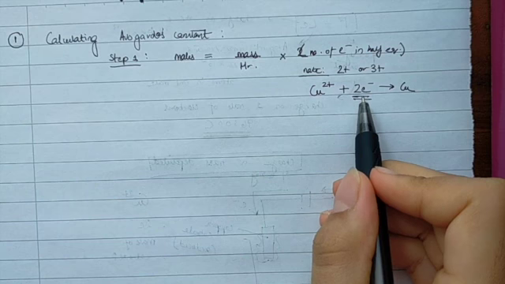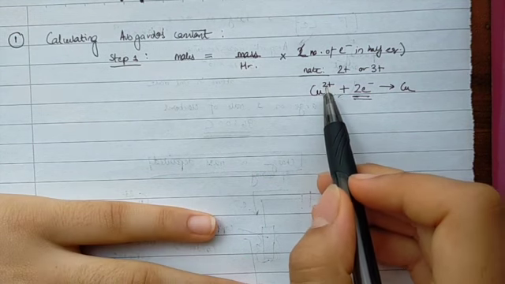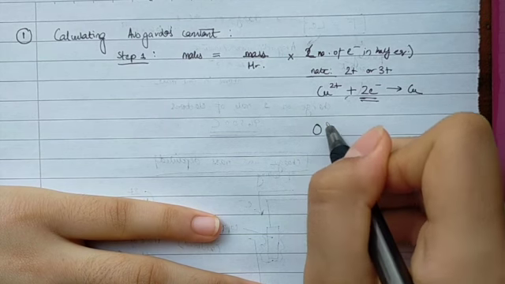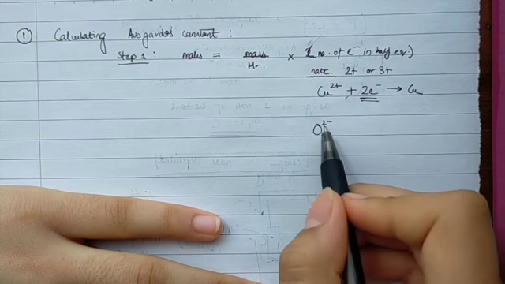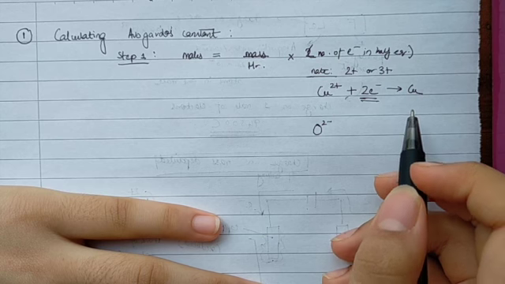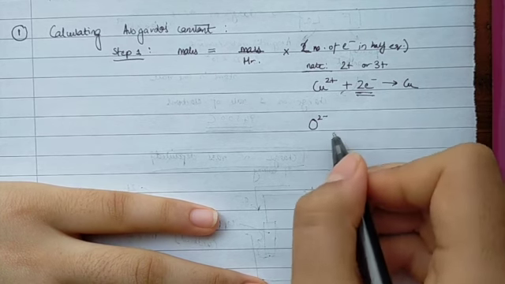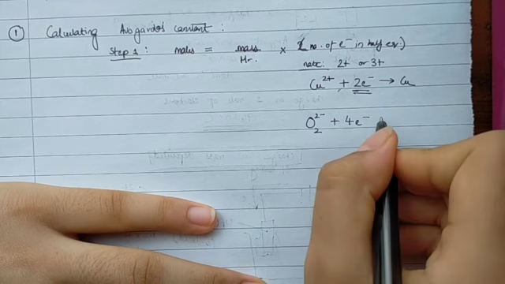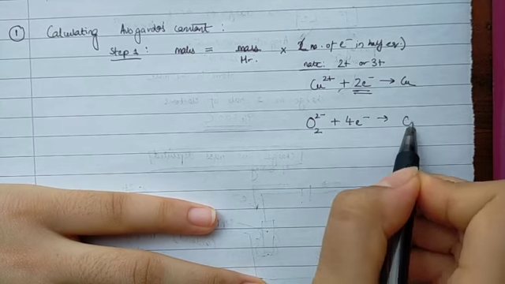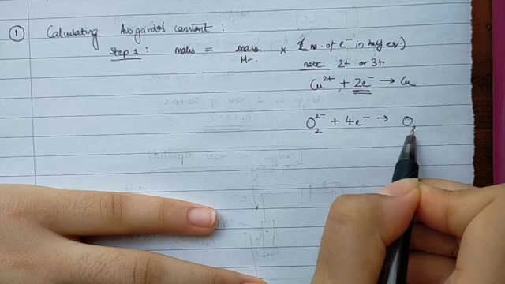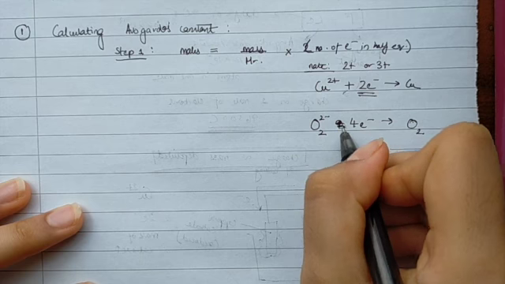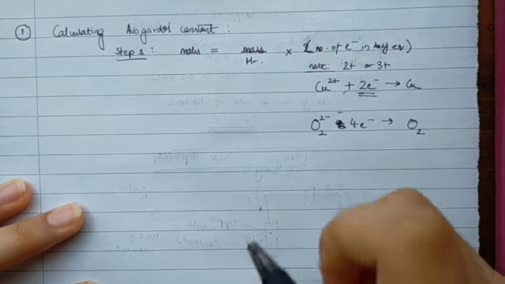So now this doesn't necessarily have to be the charge that the ion has, because if you look at O2-, this has -2 charge, but if you look at the half equation, this is a diatomic, so this will be 2O2- gives you O2 plus 4e-. Sorry, this is not plus, this is minus.